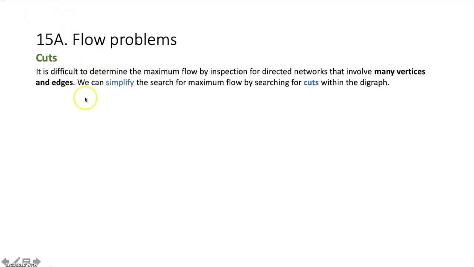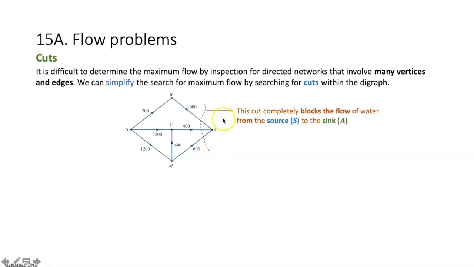How do we find a cut in a digraph? This example shows a cut. As you can see, the cut completely blocks the flow of water from the source to the sink. So to find a cut, we need to make sure we completely block the flow of water from source to the sink.